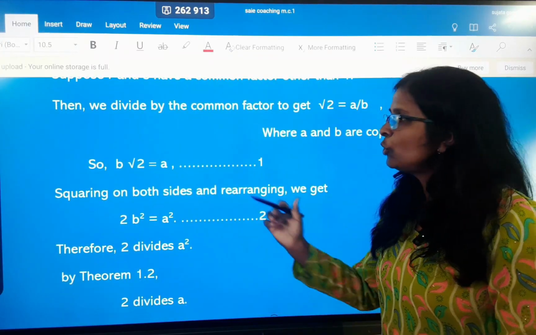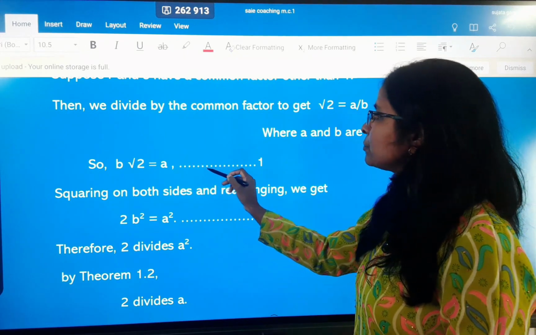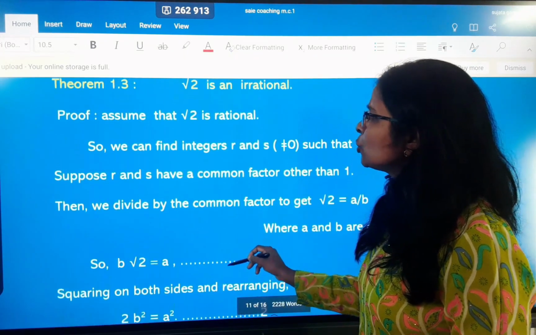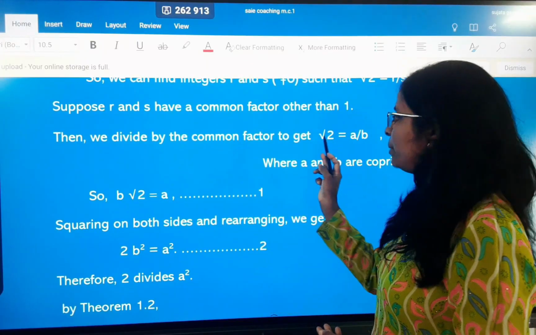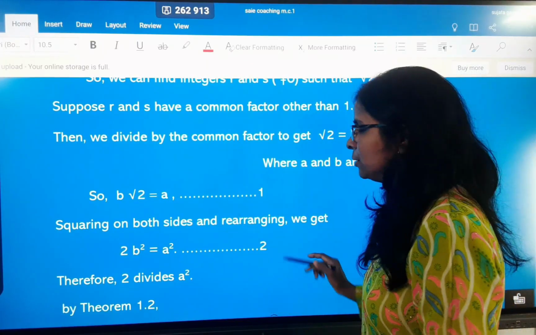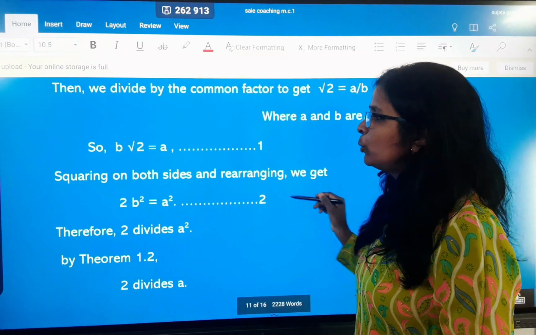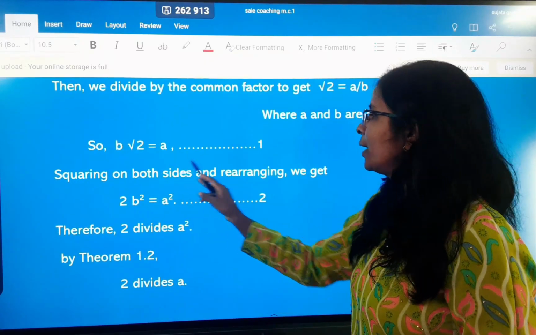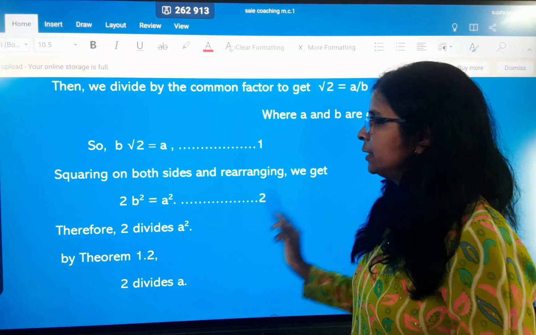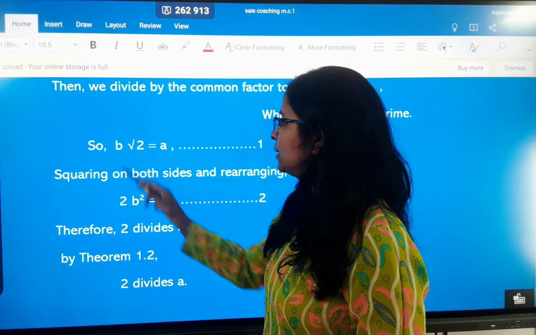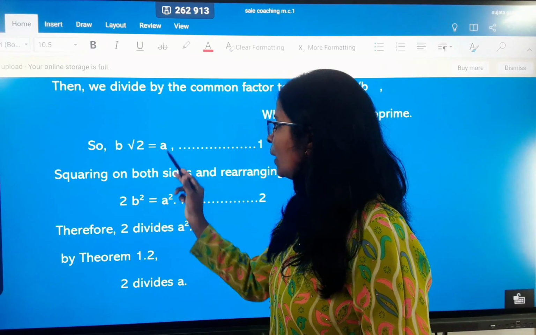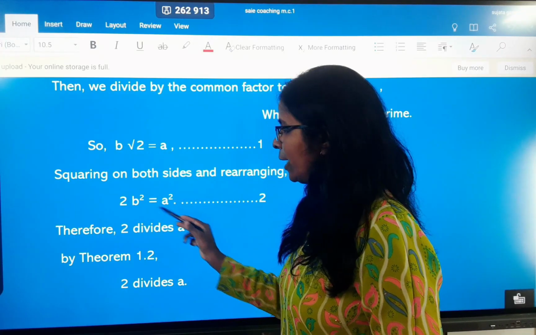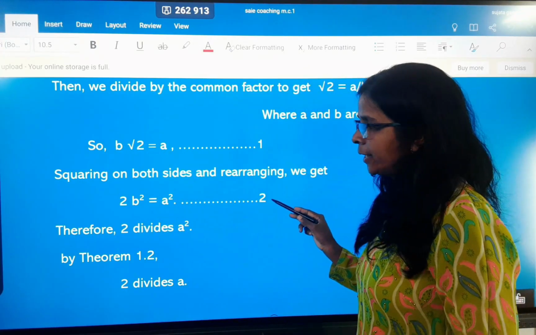Okay, so here we write that the cross multiplication of root 2 is equal to A upon B. That means B root 2 is equal to A. Okay, so squaring on both the sides and rearranging, we get 2B square is equal to A square, and call it the second equation.